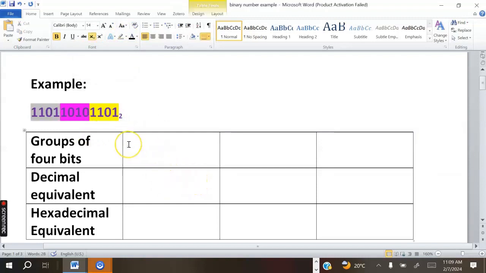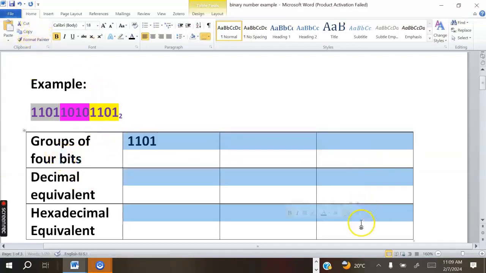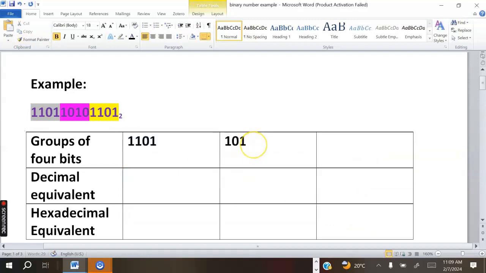So group number 1, we have 1 1 0 1. Then 2 we have 10 10. Then we have 11 0 1.